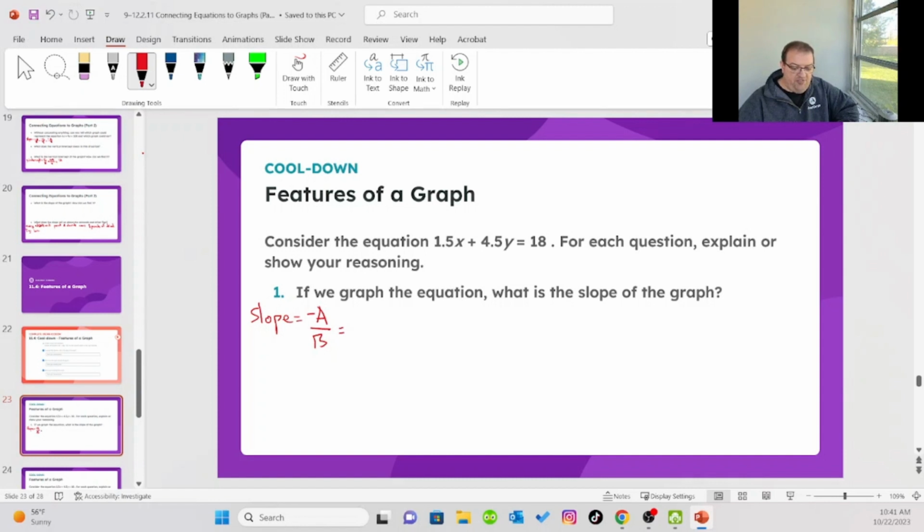We have 1.5, so negative a becomes negative 1.5 divided by b, which is 4.5. These are both divisible by 1.5, so that becomes negative 1/3. So our slope is negative 1/3.